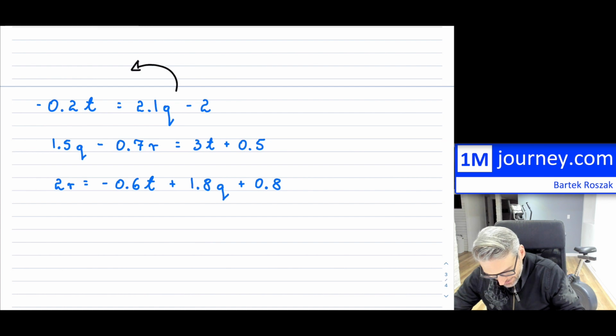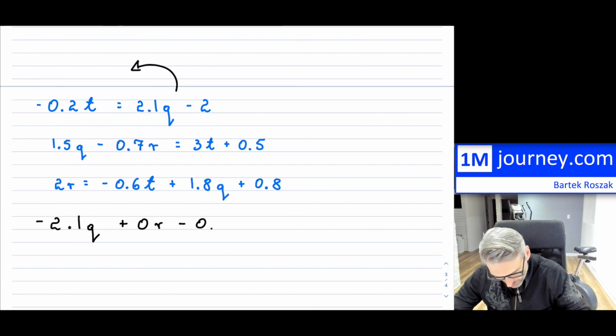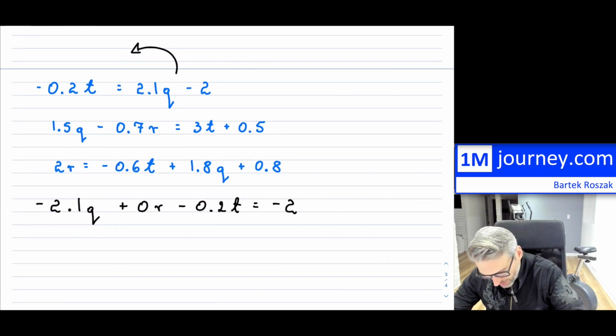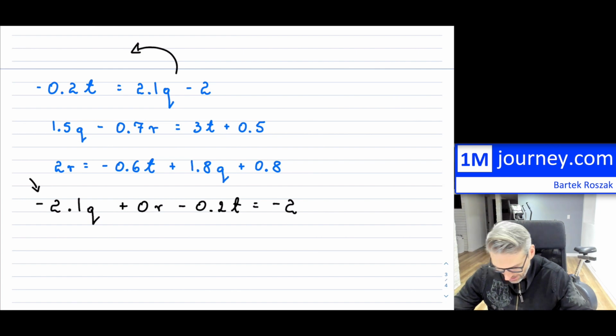So this is what I'm going to do. Step one, let me realign this. So 2.1, this is going to be negative because I'm shifting it over to the other side. Q, R, so this is going to be a T. There's no R, so I'm just going to put plus 0R, minus 0.2t is equal to negative 2. This one looks a little bit better. The other part is I'm going to get rid of the decimals, and I want to get rid of this negative in front here.